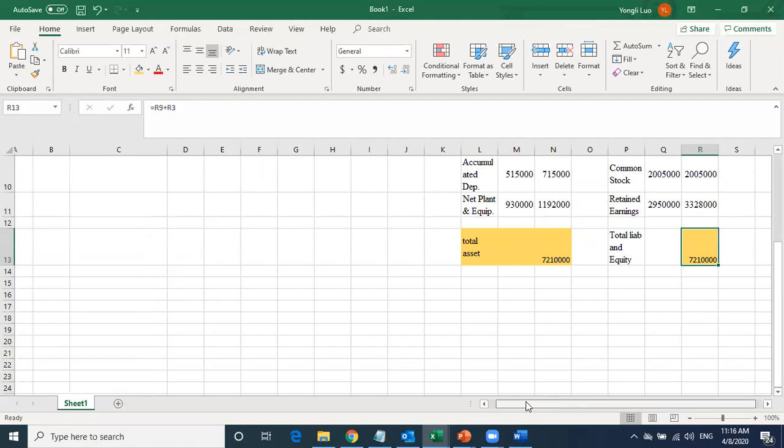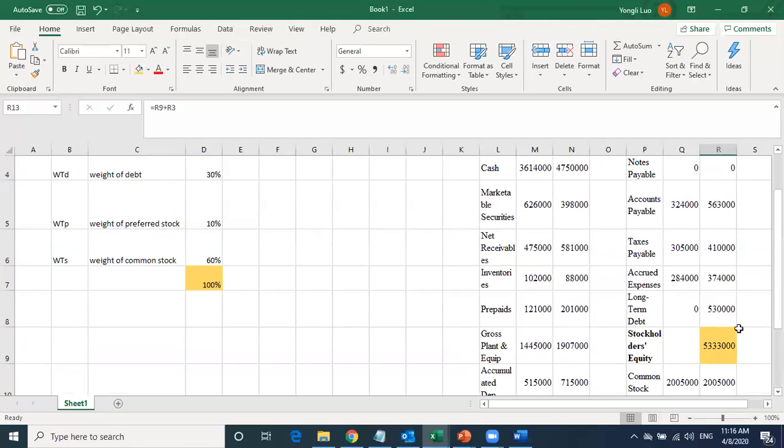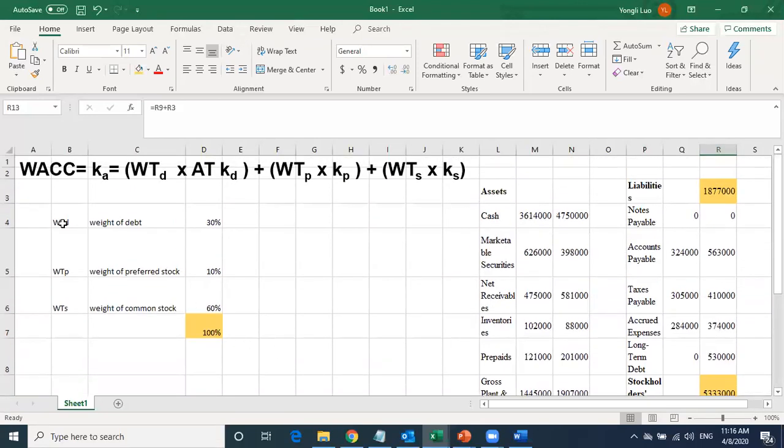Now you want to know the weight of each type of asset. When I give you a balance sheet and ask you to calculate the weighted average cost of capital, you need to determine the weights from the information in the balance sheet.